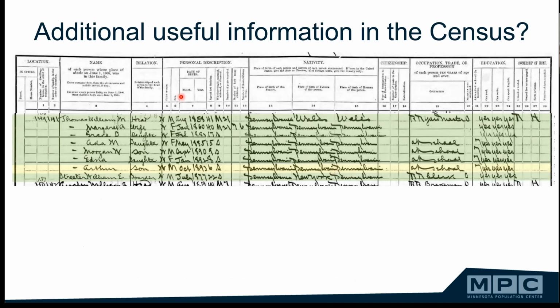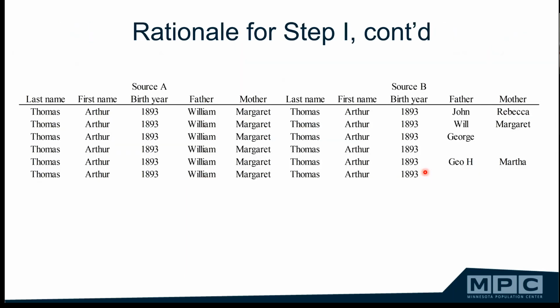For example, we could use information on other household members, on those other household members' place of birth, where the individual lives at the time, et cetera. This is how the data looks when we've added information from the 1900 and 1910 census on the potential matches' fathers and mothers.